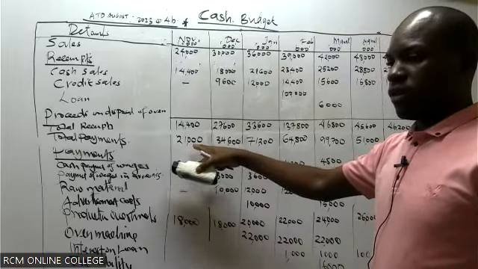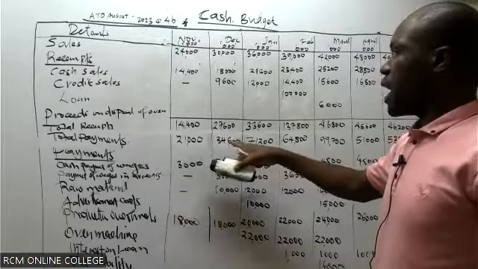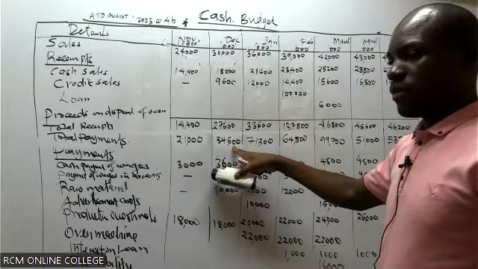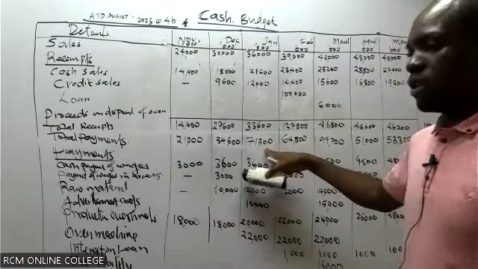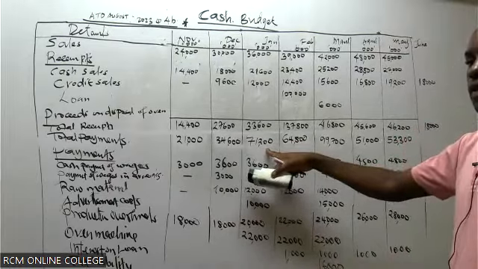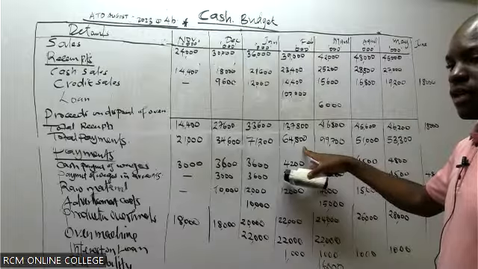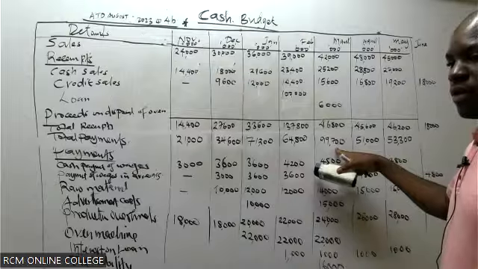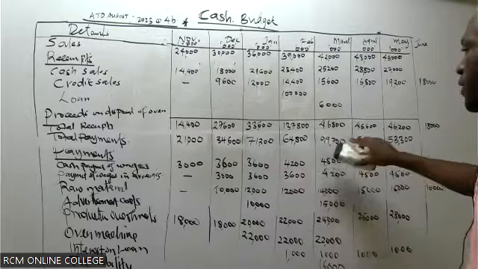How about December? How about January? February? March? 100, 700.